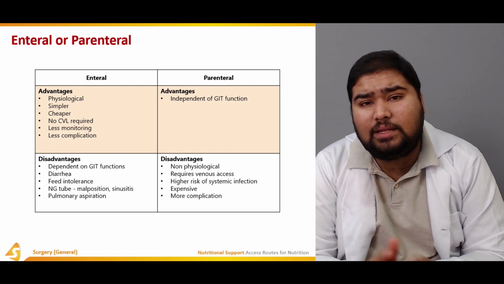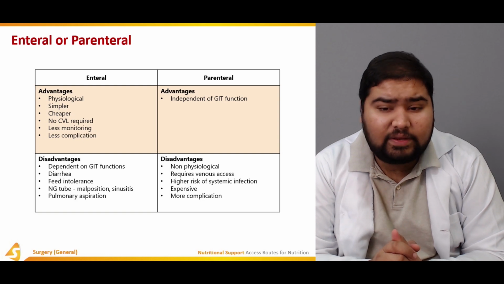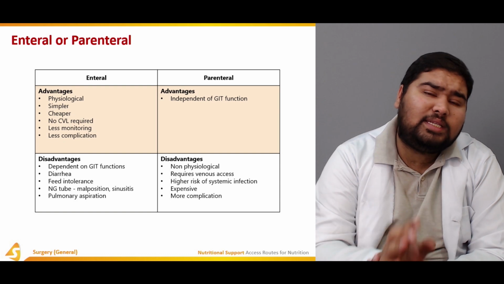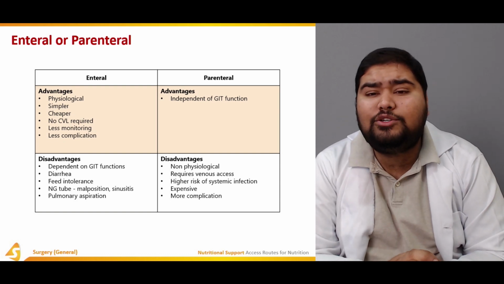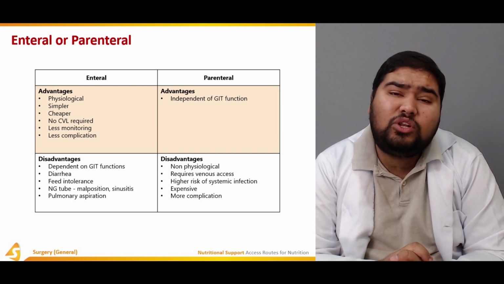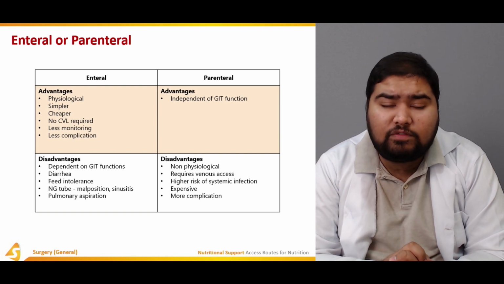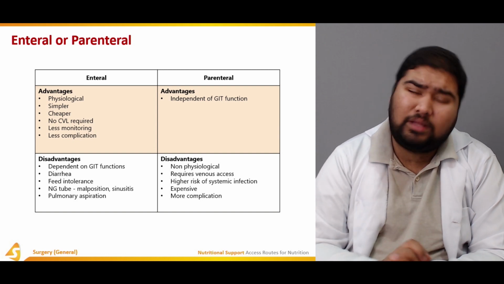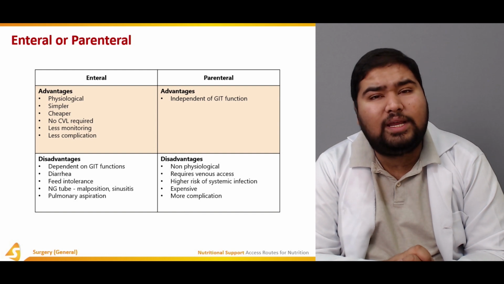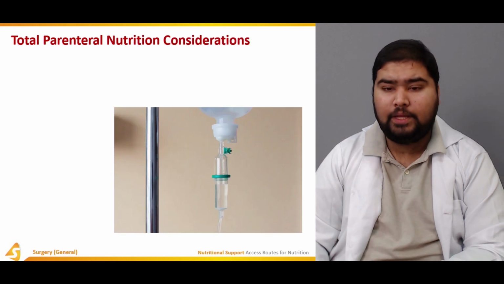It requires catheters, so it is expensive and it is more complicated, obviously. So this gives you an idea of the difference between the enteral and the parenteral feeding. Again, enteral is the physiological and the preferred method of feeding, but the parenteral method is used equally for certain patients who cannot tolerate enteral feeding.